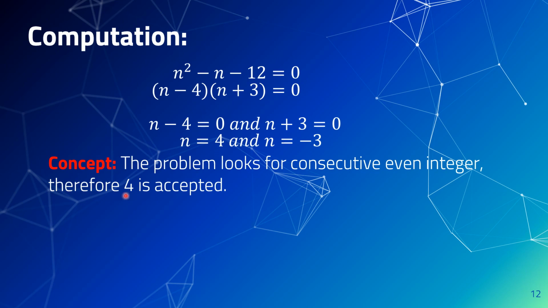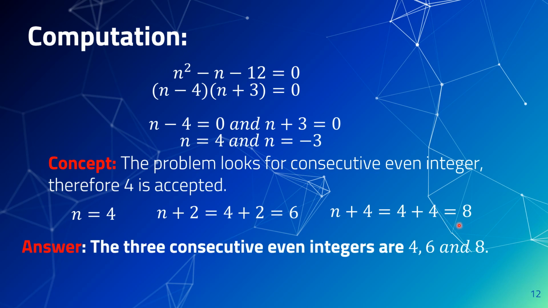Therefore, 4 is accepted because negative 3 is not an even number. So we already found out the first integer, which is 4. Adding 2, we have here 4 plus 2, that is 6. Then adding 4, so we have here n plus 4, 4 plus 4 equals 8. So our final answer now is the three consecutive even integers are 4, 6, and 8.